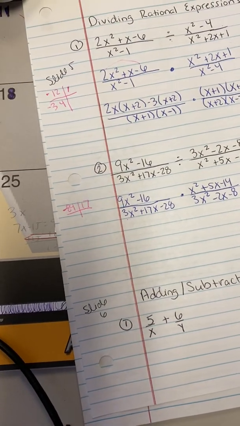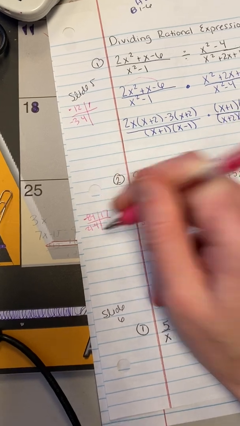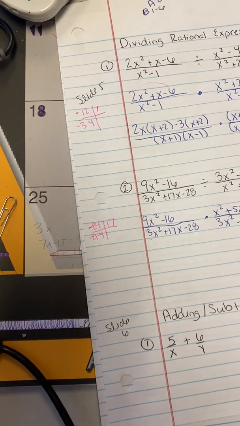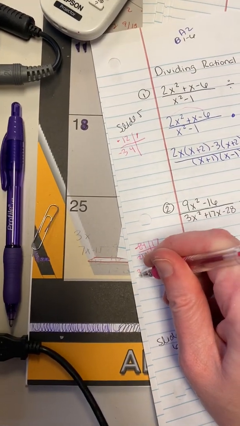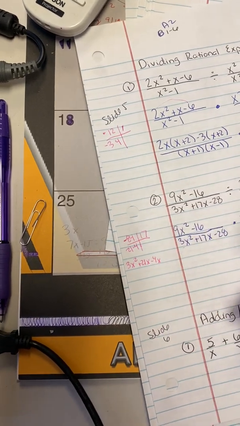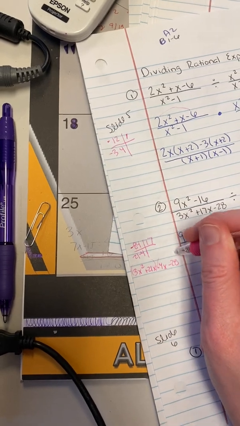So that's going to be 4 and 21. So I want 21 positive and 4 negative. Okay, so I'm going to factor that bottom into, and I'm going to write it right here, so I got 3x squared plus 21x minus 4x minus 28, and then I'm going to group.